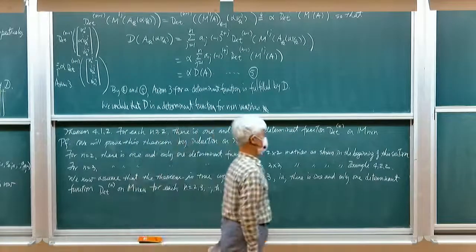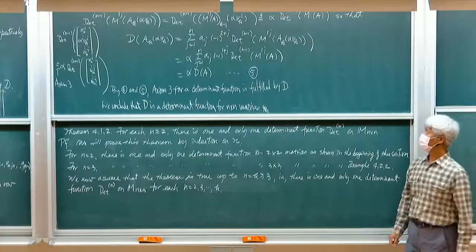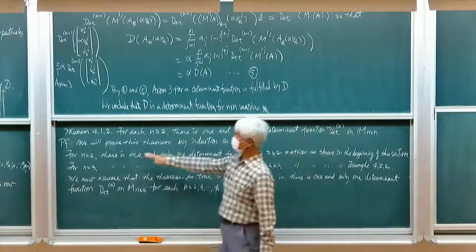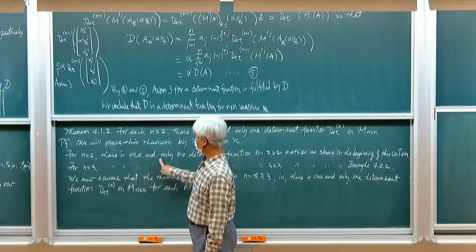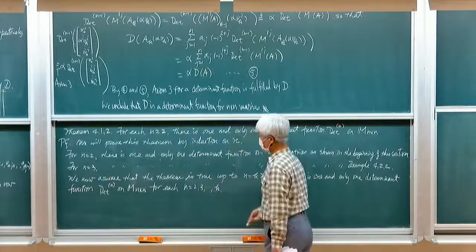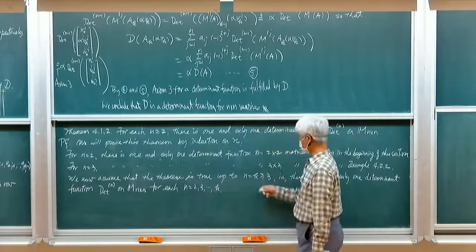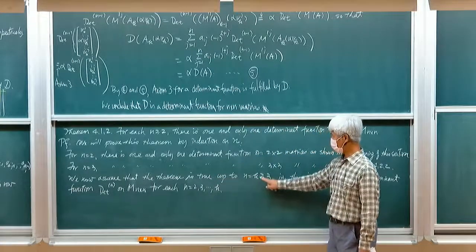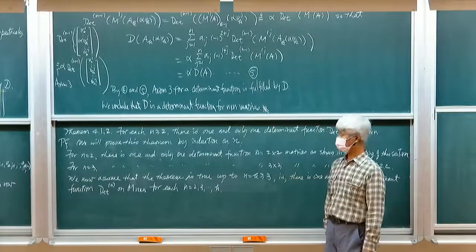Okay, so suppose we grow one by one. For n equal to 2, we are fine with that. We have one and only one determinant function. And for n equal to 3, we proved the theorem. And now we assume that we have proved the theorem up to n equal to k, in this case greater than or equal to 3.